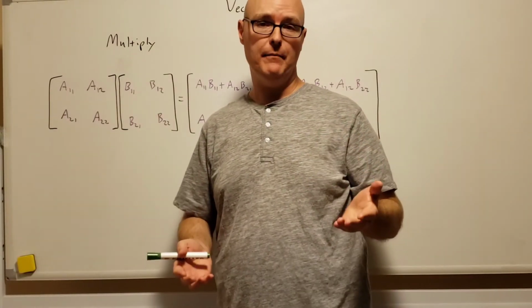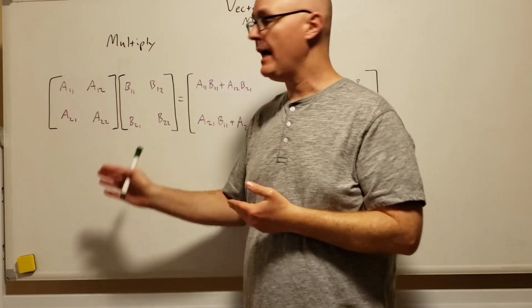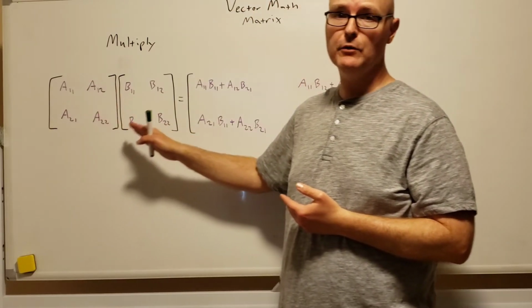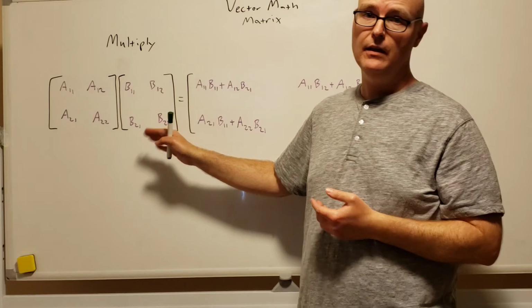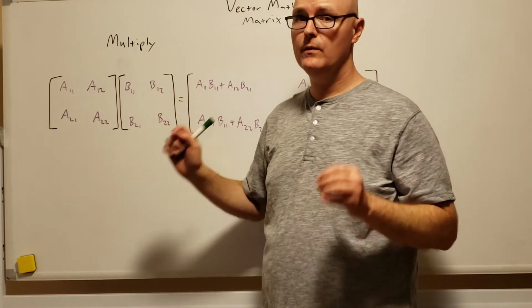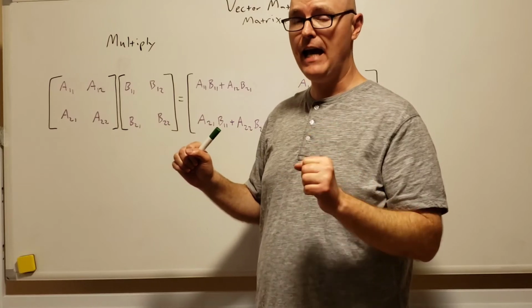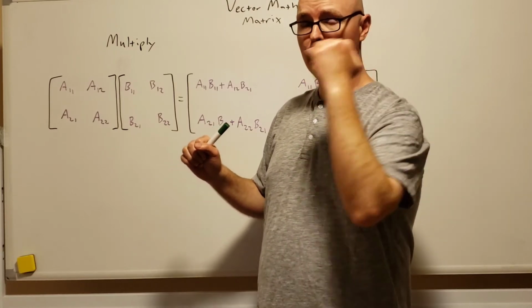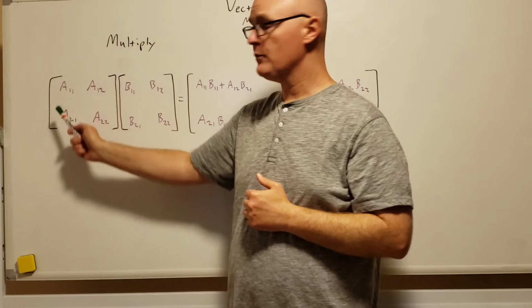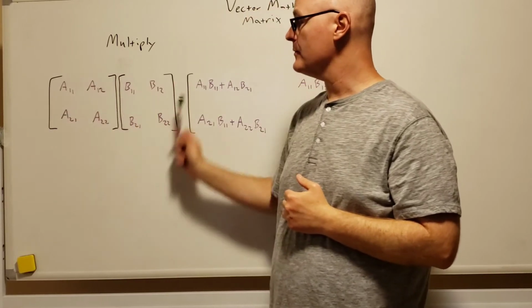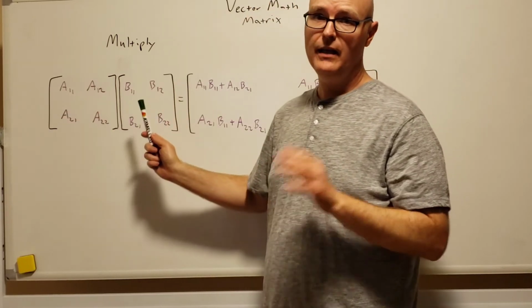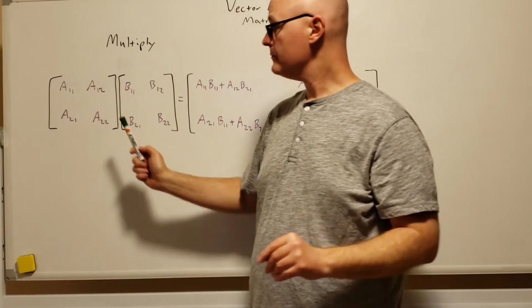Let's look at how to multiply matrices. In this example, I have a 2 by 2 matrix multiplied by another 2 by 2 matrix. In multiplication, you don't have to have the same number of rows and columns. What you have to have is that the number of columns of the first one equals the number of rows of the second one, and we'll see why in a second.